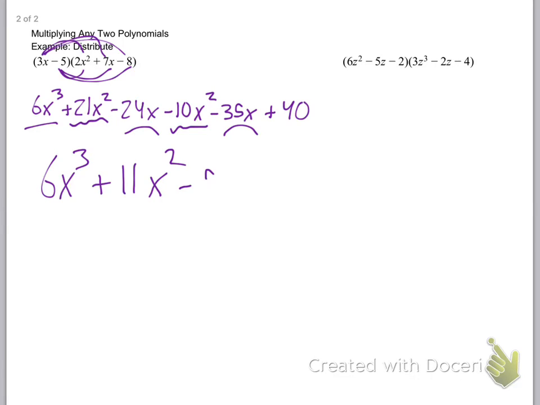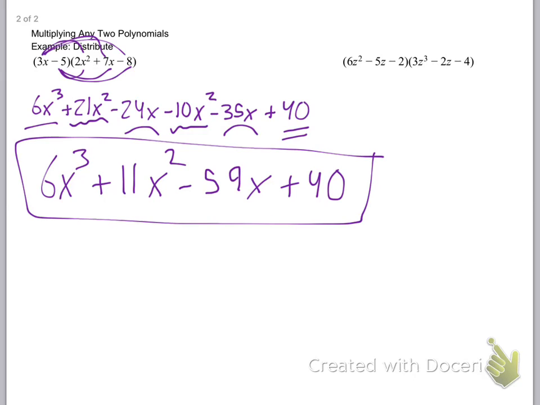So -59x. Take away the negatives, so it's 24 plus 35, 59. So it's a -59x plus 40. And you're done.